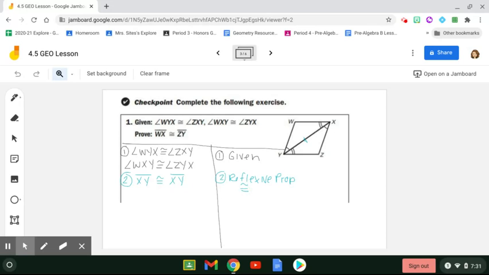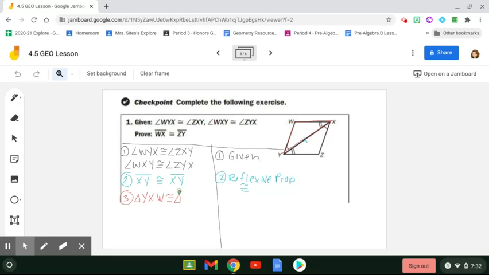Now I can make a statement about triangles being congruent. So you always have to make a statement about triangles being congruent first before you can make any statement about the parts being congruent. All right, so I'm going to say that triangle YXW, so I'm going to start with this one. So YXW is congruent to, I have to be careful with how I name this.